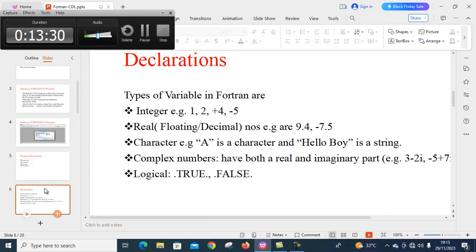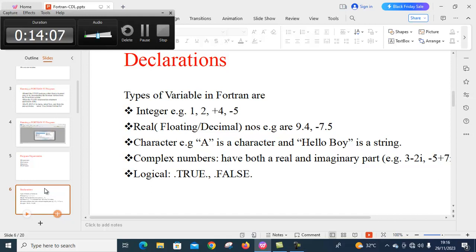The next thing we talk about is the declaration. Just like the way I said, when you are talking about variables, you must be able to declare a variable. There are different types of variable in Fortran. Some are integer, like 1, 2, plus 4, minus 5, minus 10, plus 6, plus 7. We also have real.